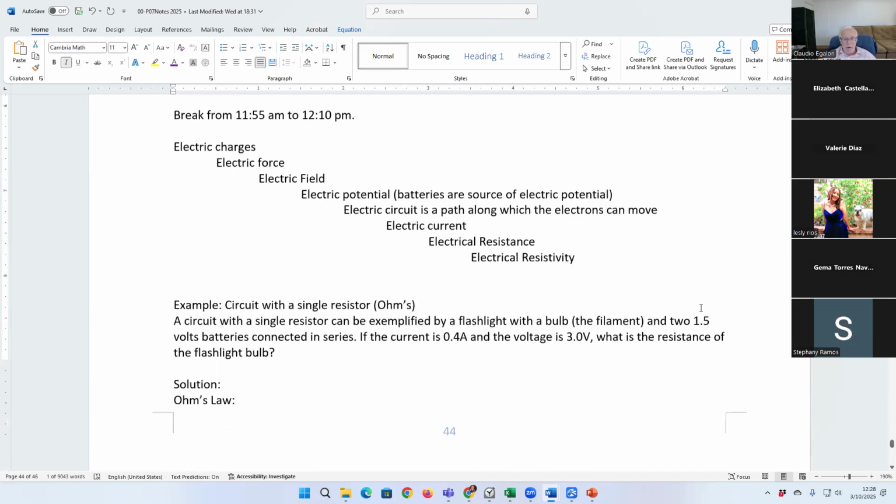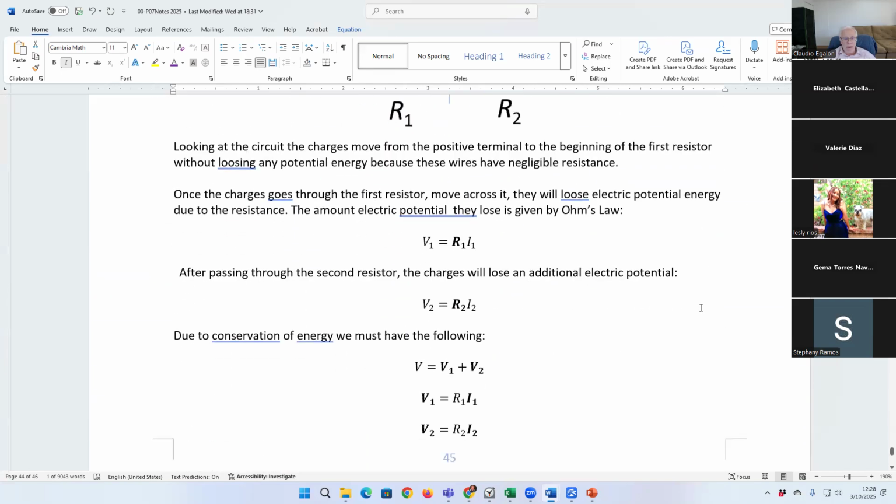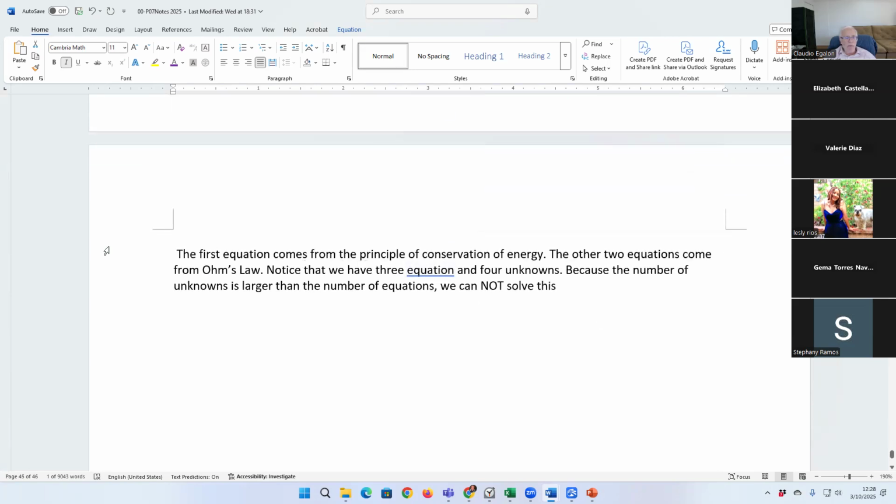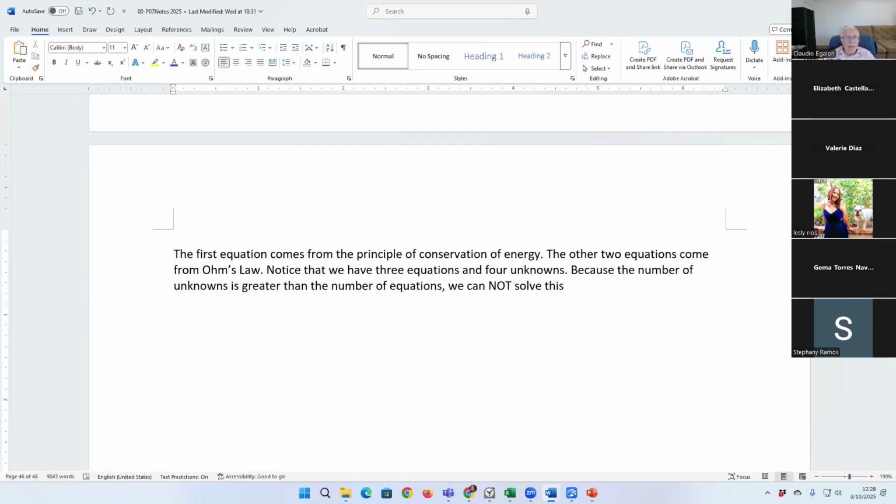let's go back to our problem. Okay, so here we go. Now, the first equation comes from the principle of conservation of energy, right? The other two equations come from Ohm's law. Notice that we have 3 equations and 4 unknowns because the number of unknowns is greater than the number of equations.